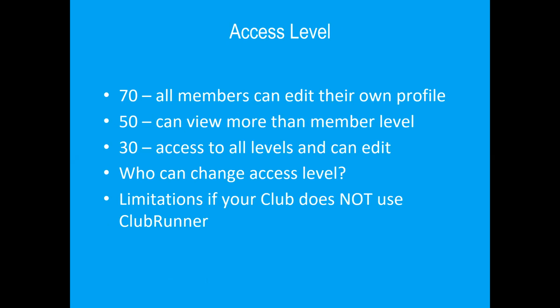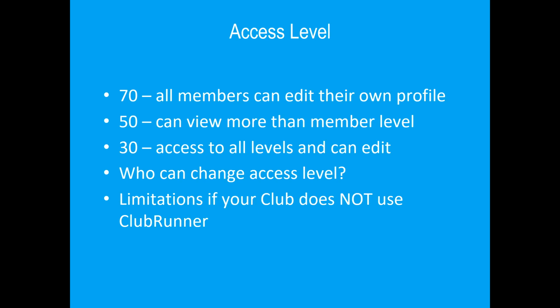Now who can give you this access level? The person who can give you the access level would be the one who has the 30 level currently. So you could pass it down to someone. If you don't have a Club Runner account on the district side, you really have to wait for when it's your turn on July 1st, and Club Runner will make the switch for you.